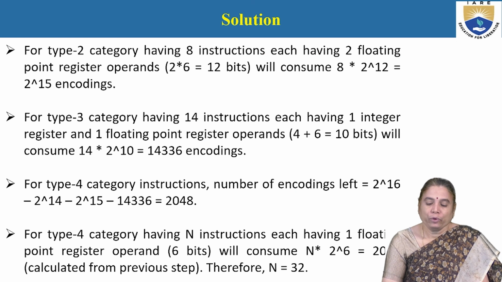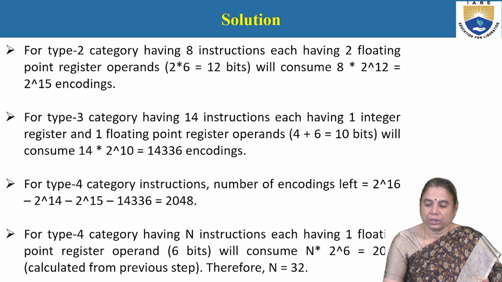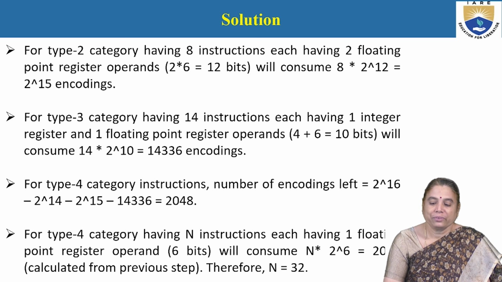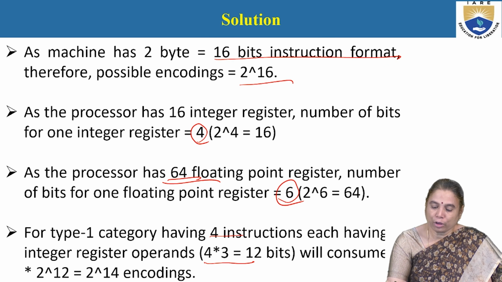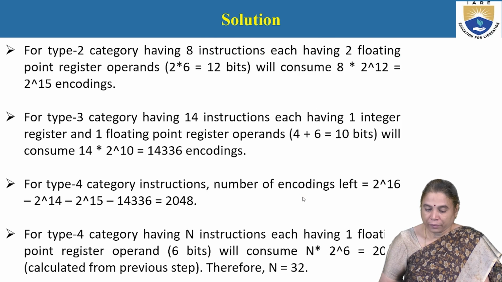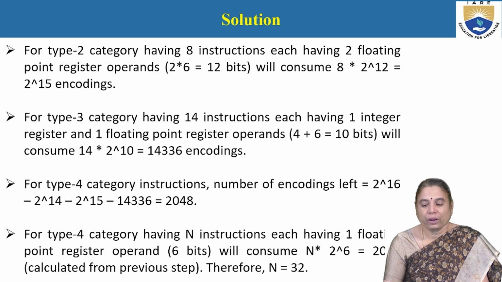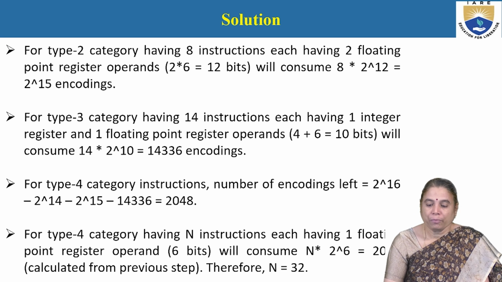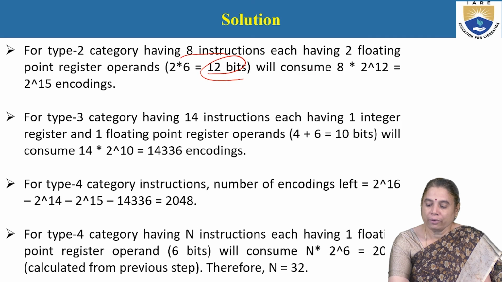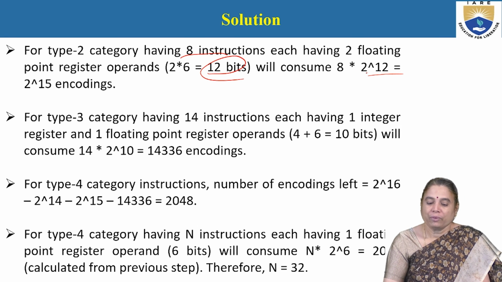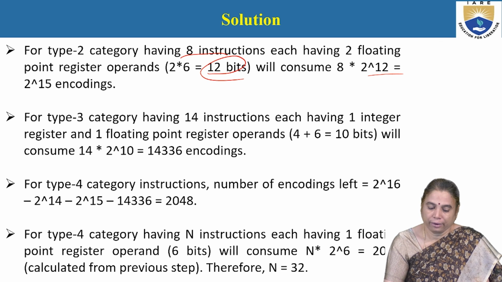The type 2 category has 8 instructions, with 2 floating point register operands. Each floating point register operand occupies 6 bits, so 2 into 6 is 12 bits. So 8 into 2 power 12, that is 2 power 15 encodings, which type 2 has to take care of.